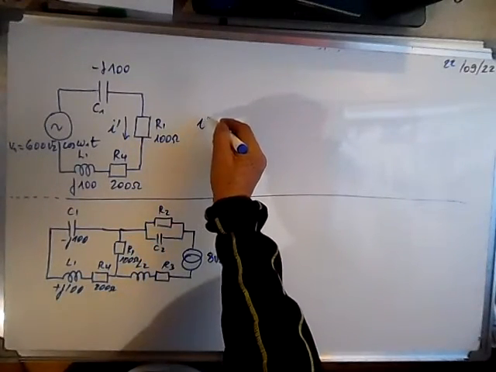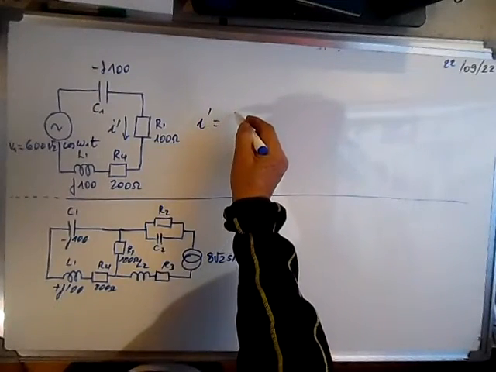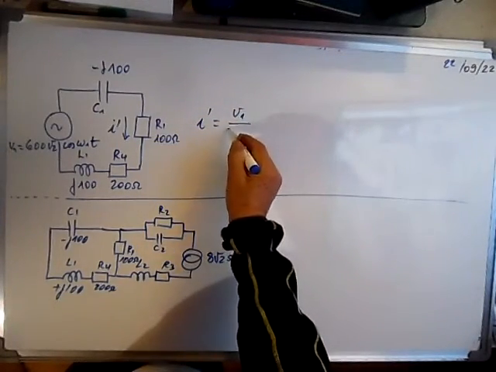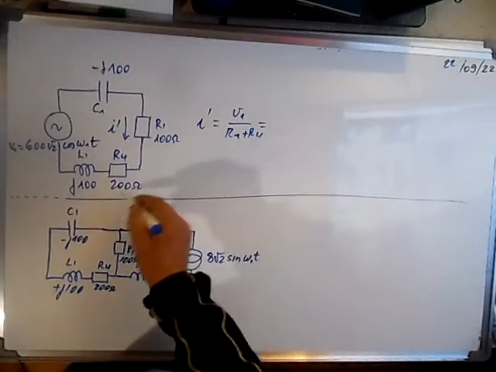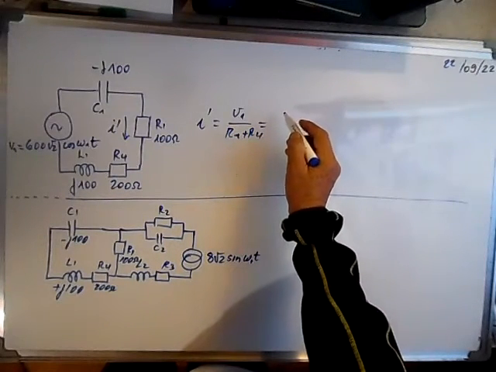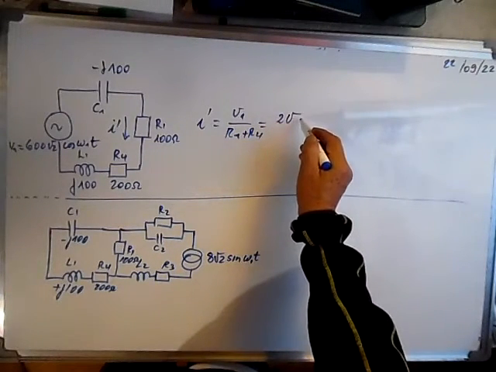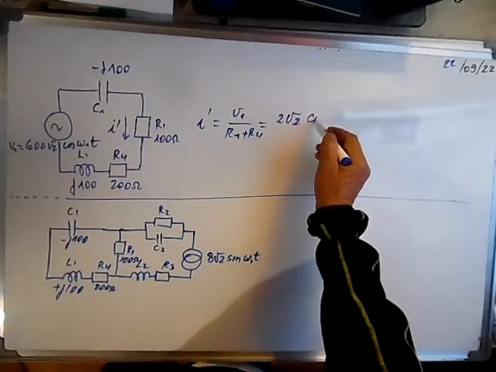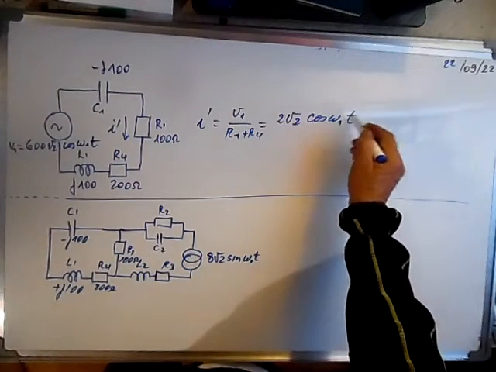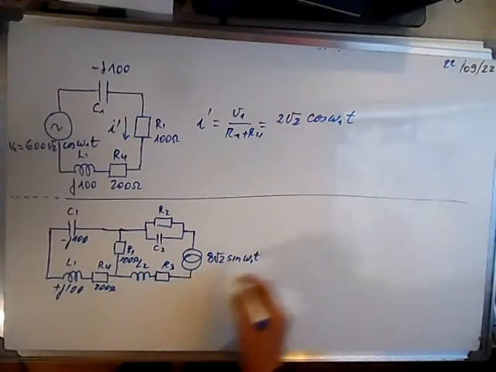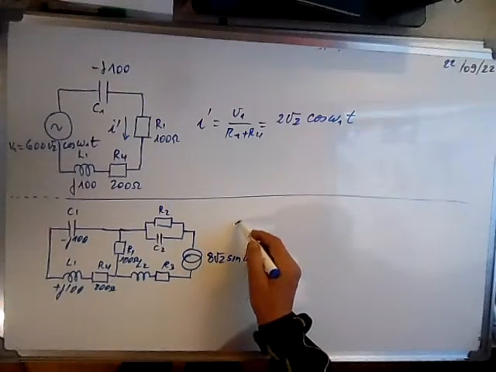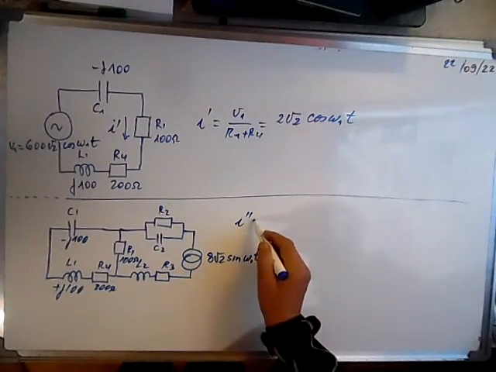So I prime is equal to V1 over R1 plus R4. R1 plus R4 is 300, so it's 2 square root of 2 cosine omega 1 t. We calculated the first current, and here we can calculate the second current, which is I2 prime.